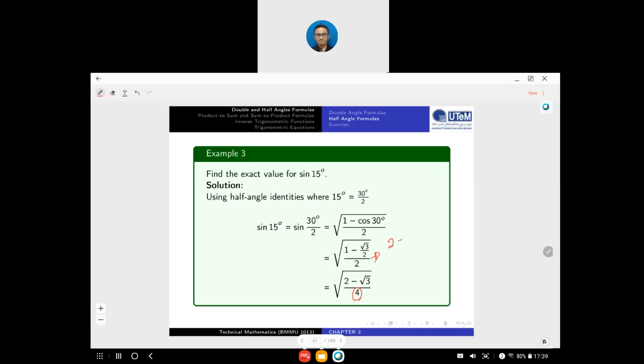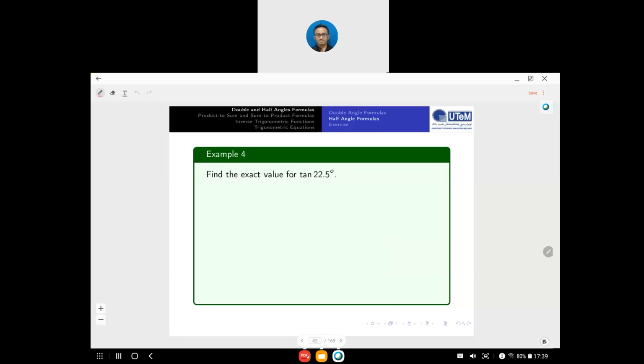Okay, 2 minus root 3 over 2 divide by 2. Okay, so bila divide by 2 macam ni, ni boleh turun ke bawah, dia akan jadi macam ni lah. Okay, 2 minus root 3 over 4. Okay, so this is the final answer. Boleh.